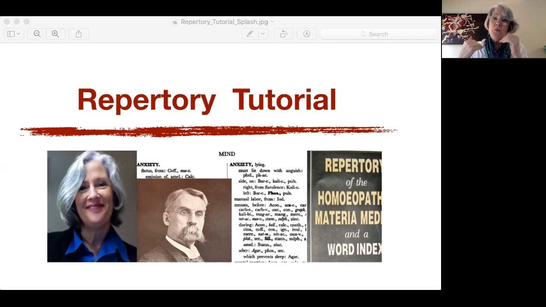Now, in later repertories, the section of pain in the head was broken out into a completely different section. So if you're using a later repertory, there'll be head and head pain, not just head, with the head pain stuff inside. Okay?